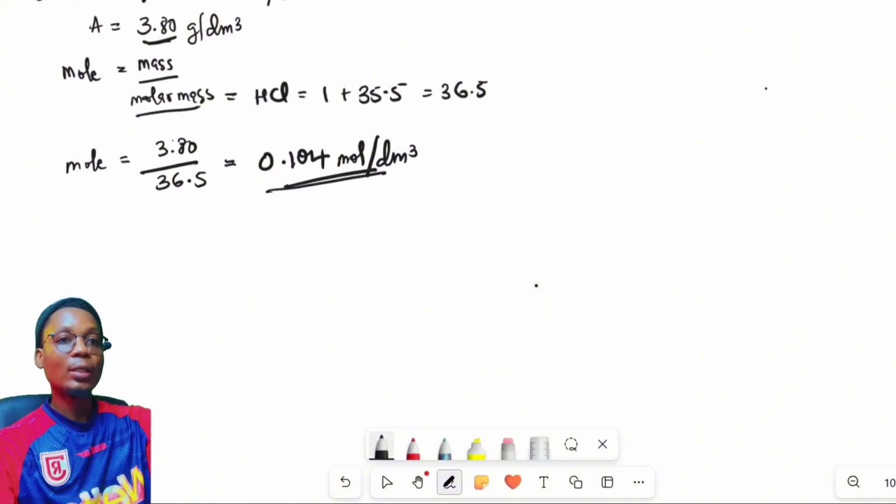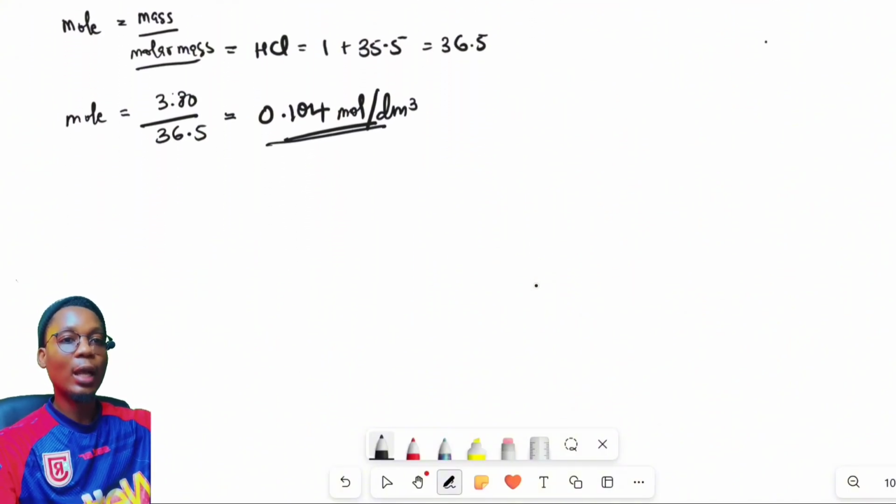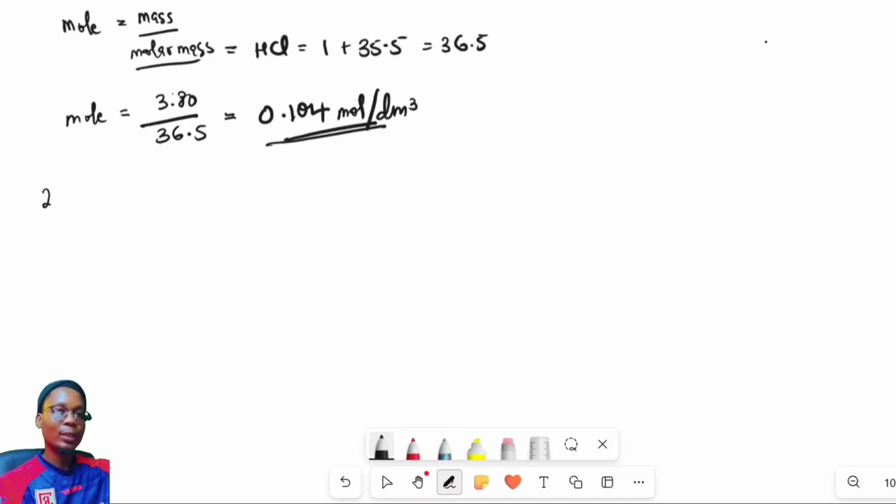Now, let's quickly solve the second question, which says we should find the concentration of B in mole per dm cubed. So this is basically, but then the problem is our B is XOH.